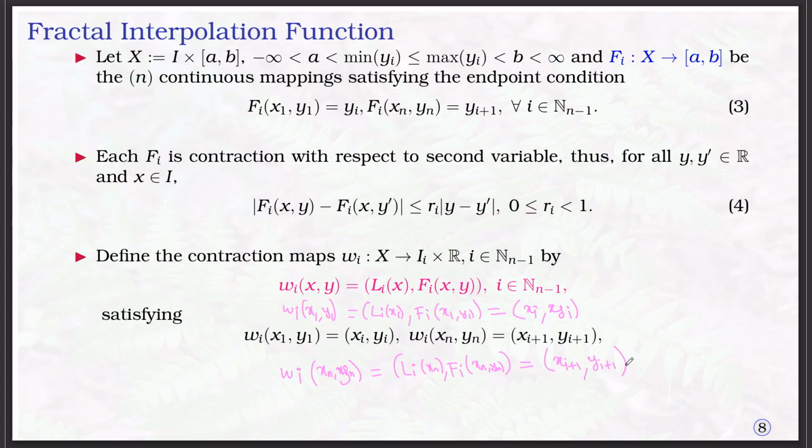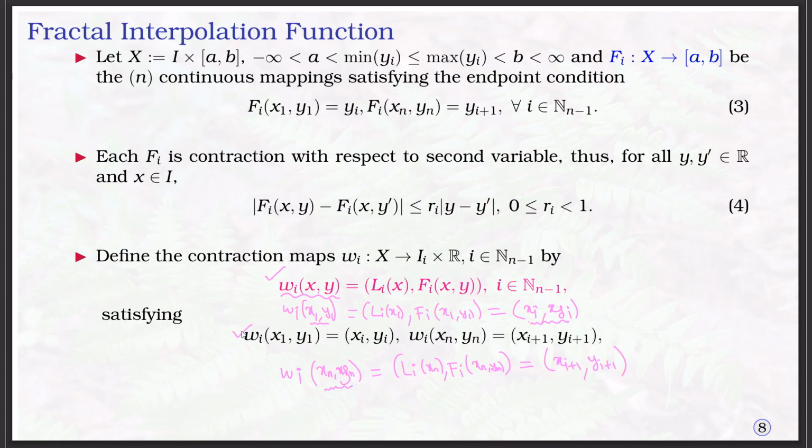That means this mapping Wi maps the endpoints of the rectangle to the endpoints of the sub-rectangles. If you take the initial point of the whole rectangle, it will map to the sub-rectangle's initial point, and the endpoint of the whole rectangular region maps to the sub-rectangle's endpoint. So Wi forms a contraction mapping.